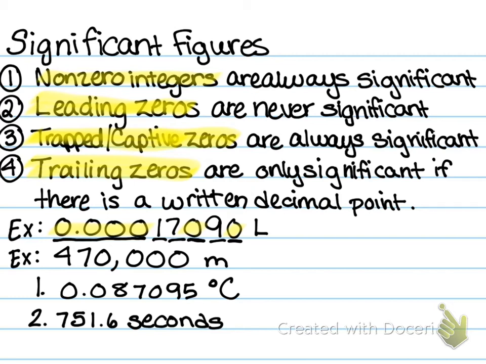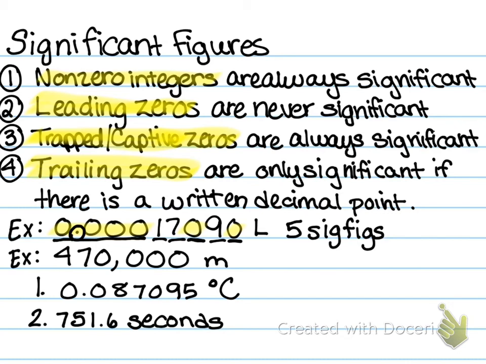Trailing zeros are only significant if there is a decimal point written in the number. And if we look towards the beginning of our number, we do see a written decimal point, which means that this last zero is going to be a significant figure. Counting them up, the 1, 7, the 0 between the 7 and the 9, and that last zero are all significant figures, which means in this number we have 5 significant figures, which is often abbreviated as sig figs.